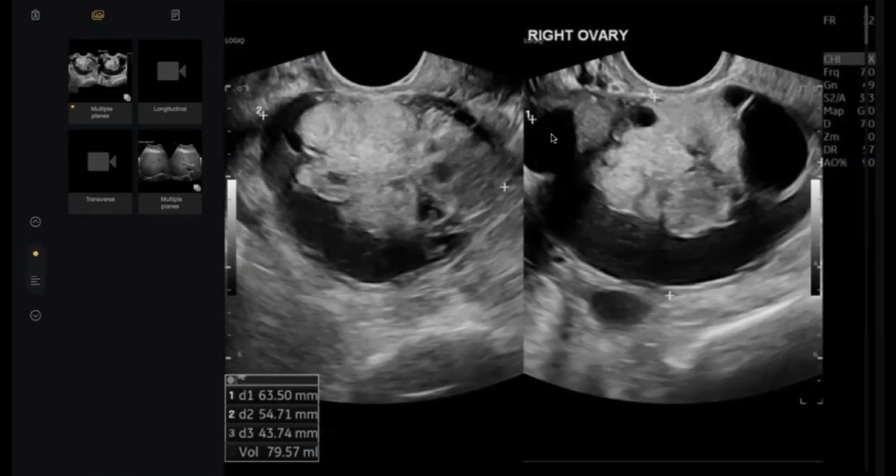Okay, give me 2 to 3 differential diagnoses of malignant ovarian tumors. Sorry, doctor, do you mean we now suspect ovarian cancer? Yeah. What is the type of ovarian cancer?